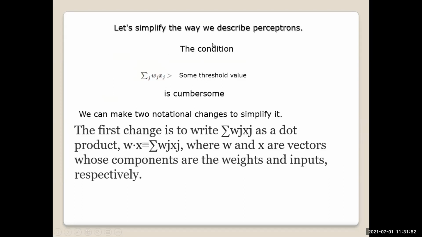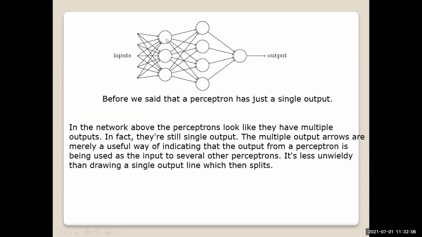Let's simplify the way we describe perceptrons. So here's the threshold. This is the input, right? Remember we said, how do we get an input to here? We take all of these and multiply them times the weight. The line that goes into here has a weight.